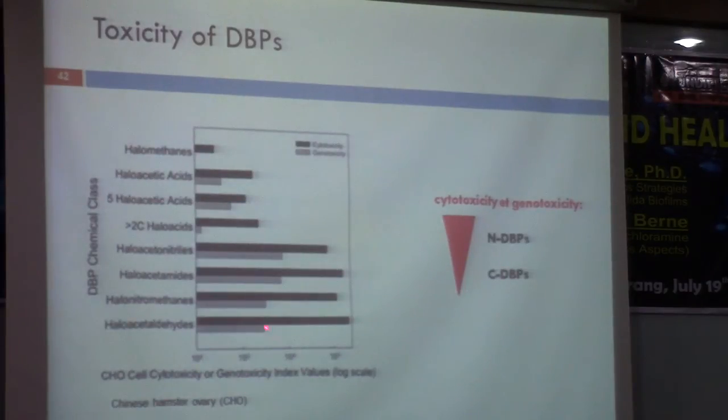You can see in this slide, for example, haloacetonitriles, haloacetamides, and halonitromethanes are more cytotoxic or genotoxic than, for example, haloacetic acids, which are only carbonaceous DBPs.